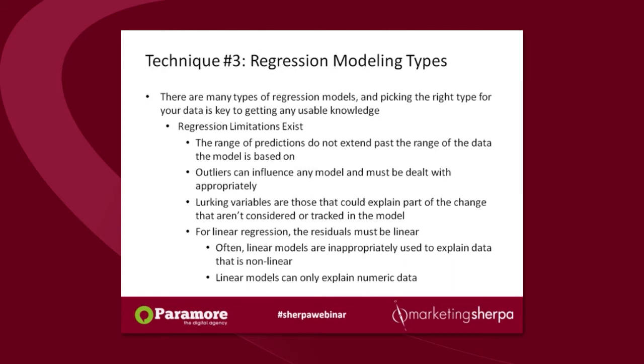So if I have a year's worth of data, and I have person A who has these 3 attributes, then you can predict where that person would fall from a conversion rate standpoint or any other metric you want to look at. But it doesn't really extend past that range of the data. So you can't use a regression model based on last year to necessarily look 20 years down the future.